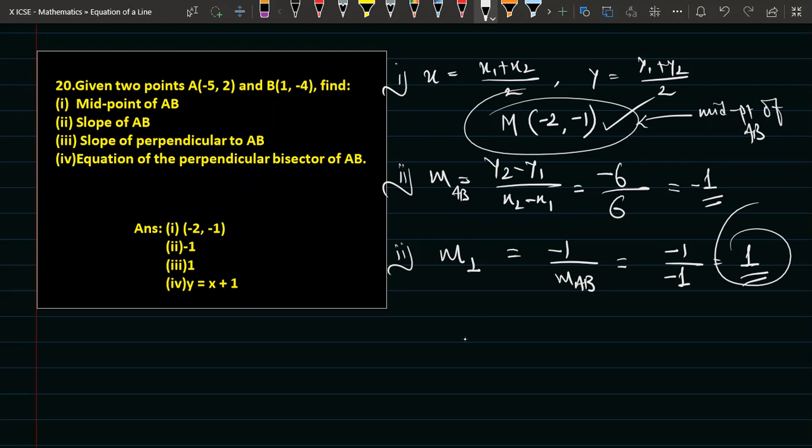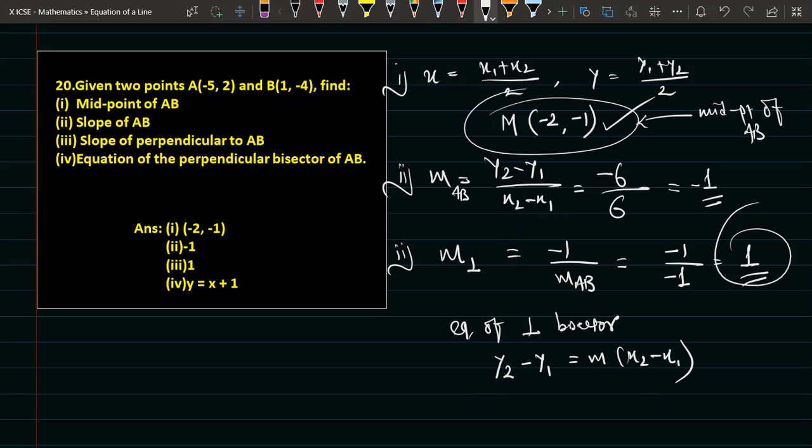स्लोप पॉइंट फॉर्म से. So equation of perpendicular bisector will be given by y2 minus y1 is equal to m bracket x2 minus x1.